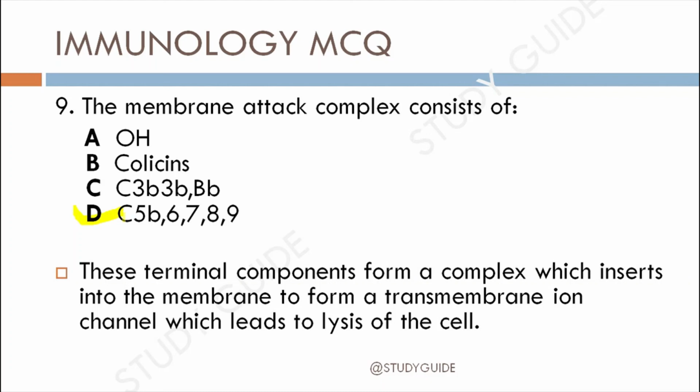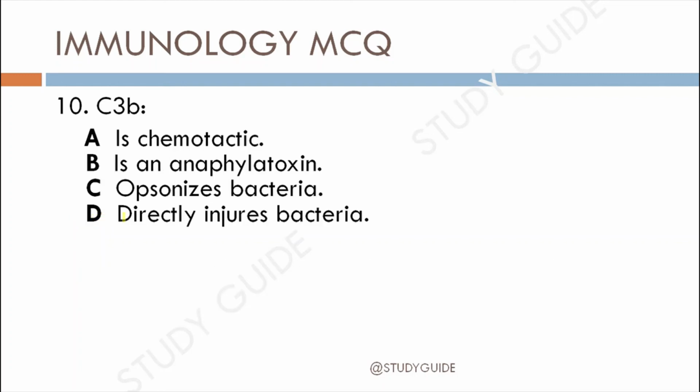Let's move toward the 10th question, that is C3b. What is it? Is it a chemotactic agent, an anaphylatoxin, does it opsonize bacteria, or does it directly injure bacteria? What could be our answer? You can also write your answer in the comment box.